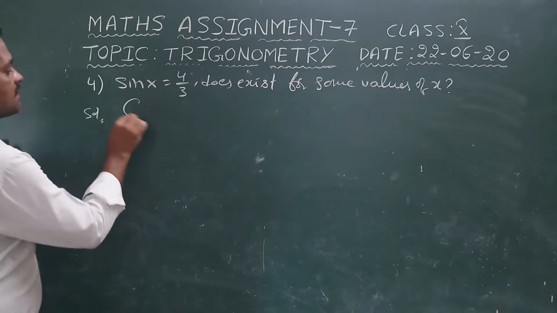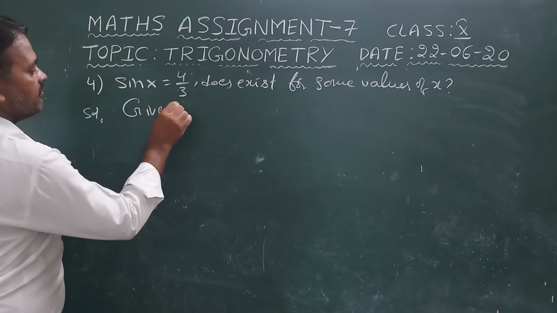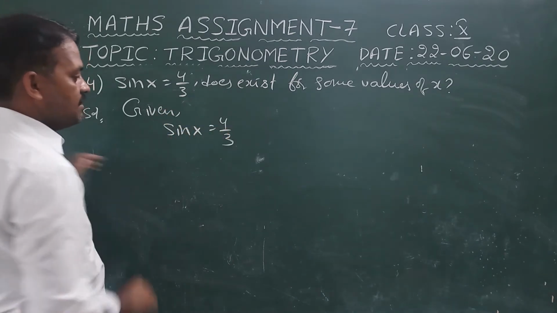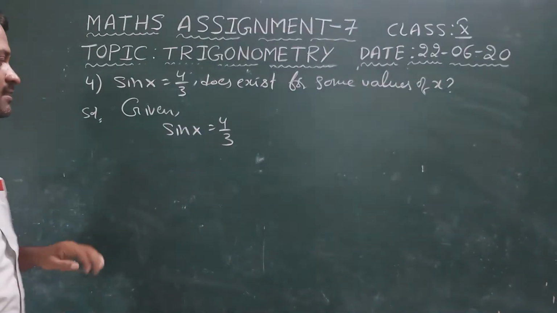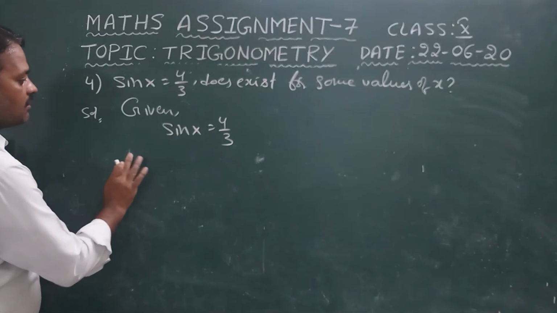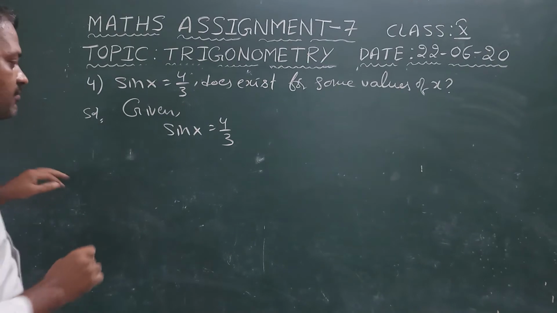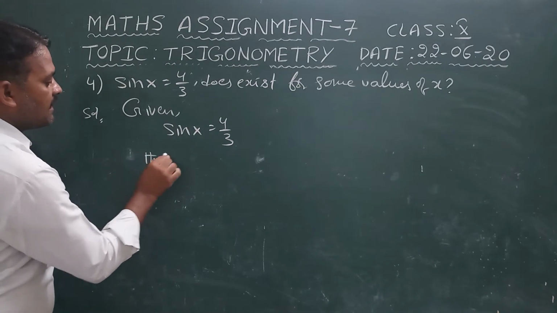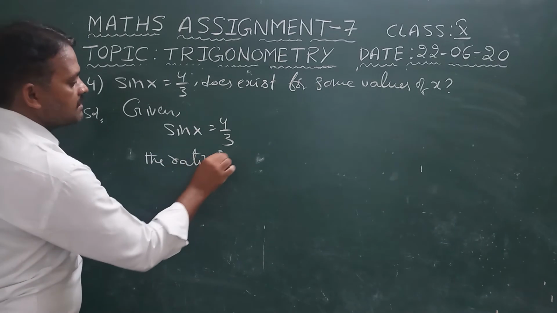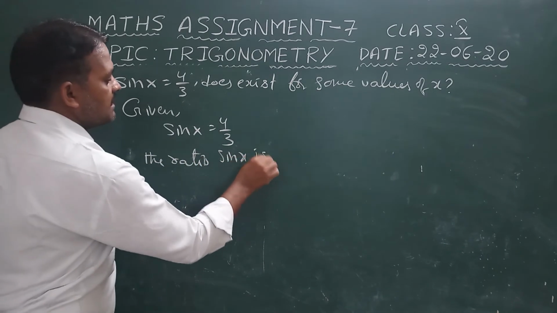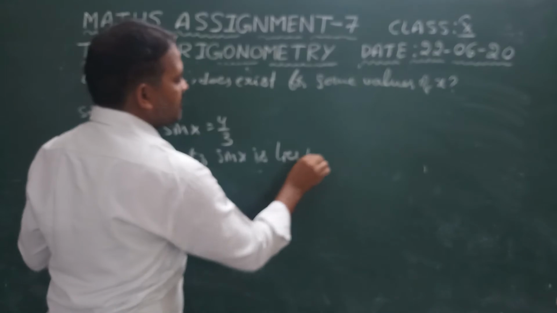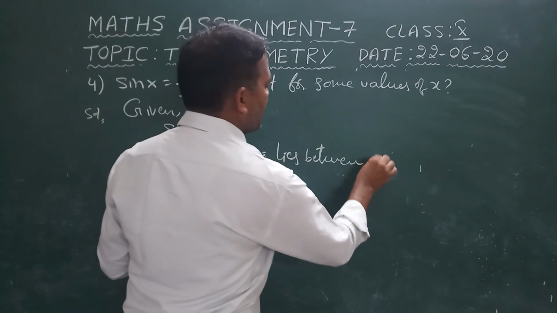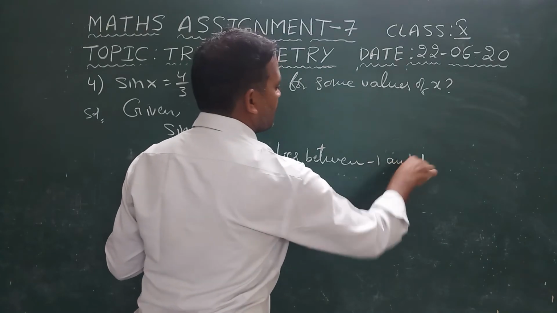Now what is the given value? The given value is sin x is equal to 4 by 3. As per the definition of sin x, the ratio sin x lies between minus 1 and 1.